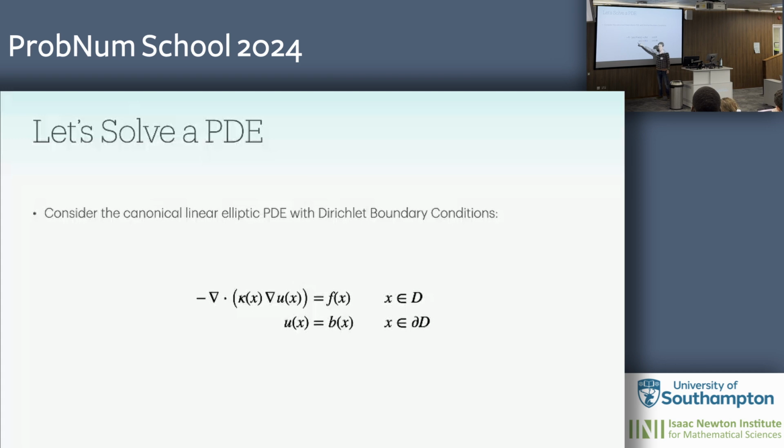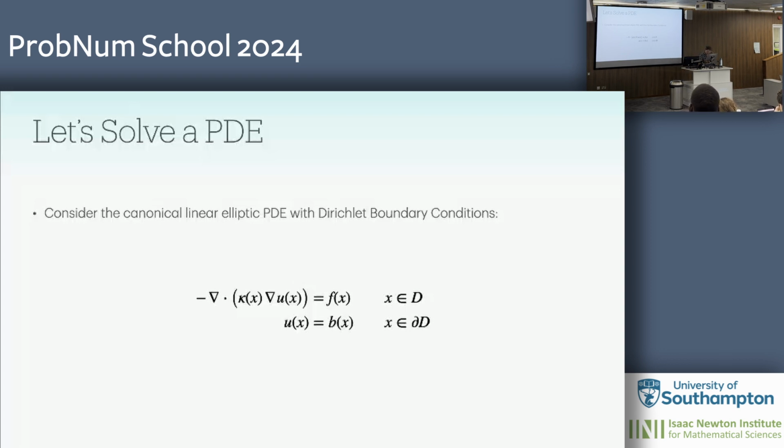Again, this is a Dirichlet boundary condition, as we saw at the beginning of the talk. So we're assuming that on the boundary of the domain, partial D here, we know the value of the solution everywhere. It's common to also use Neumann boundary conditions in these kinds of problems, but here we're just focusing on Dirichlet. And then f of x describes any sources or sinks of fluid, so any underwater springs coming from deeper under the earth, or places where rainwater can flow down into the aquifer more easily.